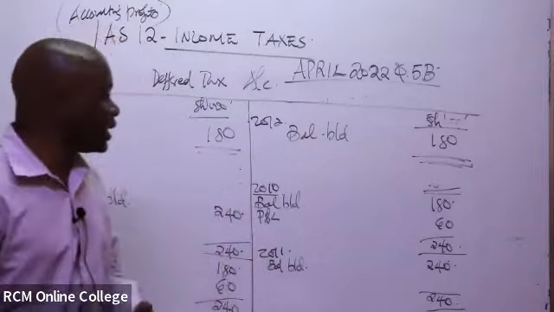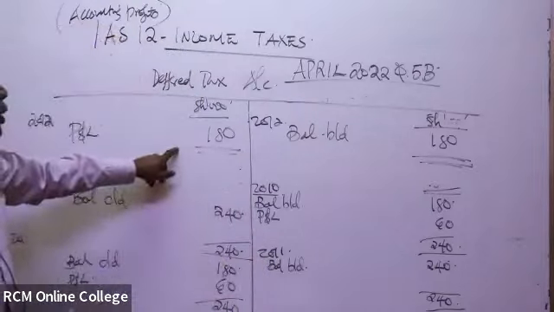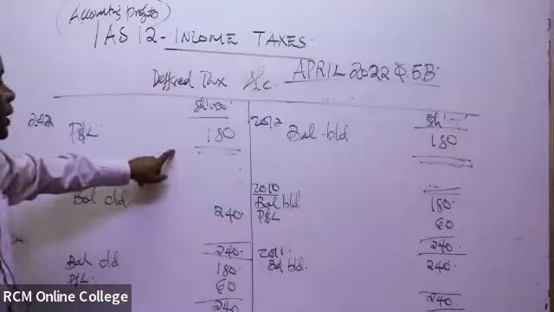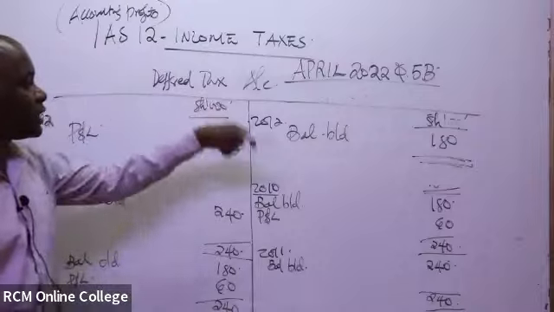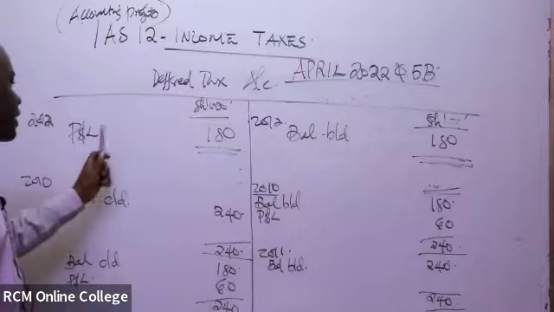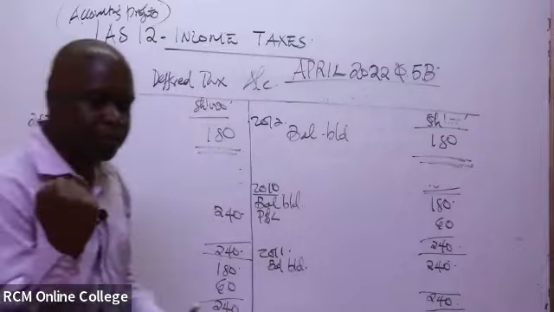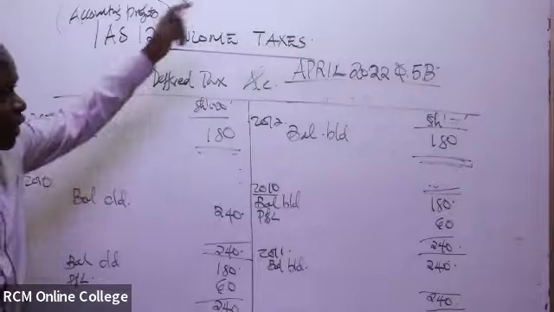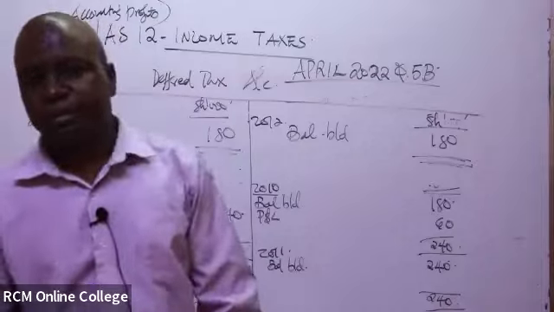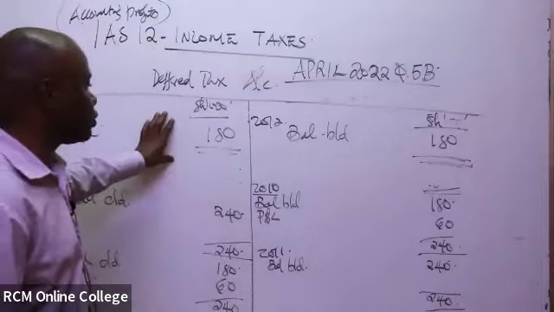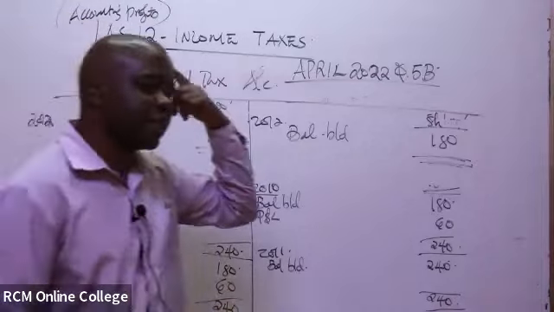So the double entry, like for this one, when there's one account having to be debited, there's another one having to be credited. Of course, the one that is having to be credited is the income statement. It's the rule of thumb. All credit entries in the income statement are incomes. In this case, this one will go there as an income. So if you're debiting this account, you need to ask yourself, which other one is being credited?